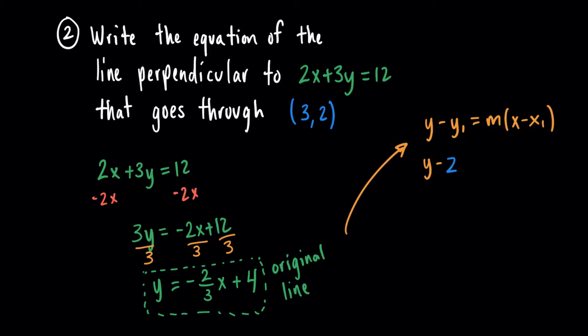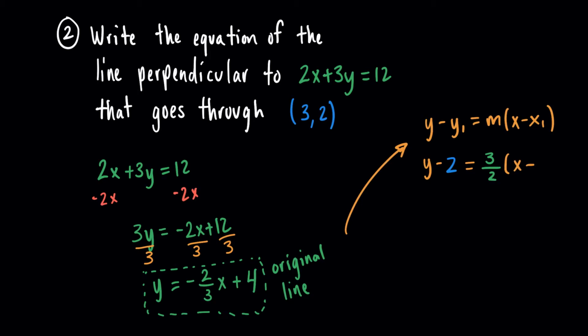So y minus 2 is equal to the slope. And okay, so if I want the negative reciprocal of this, so this right now is negative 2/3. If I want the negative reciprocal of that, that's going to be positive 3/2. So you flip the fraction and negate it. Since it's already negative and you negate it, it becomes positive.